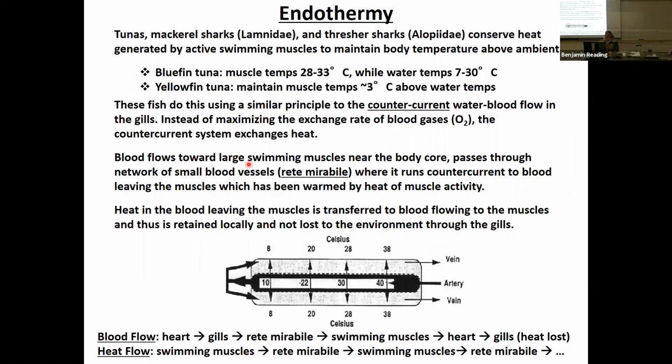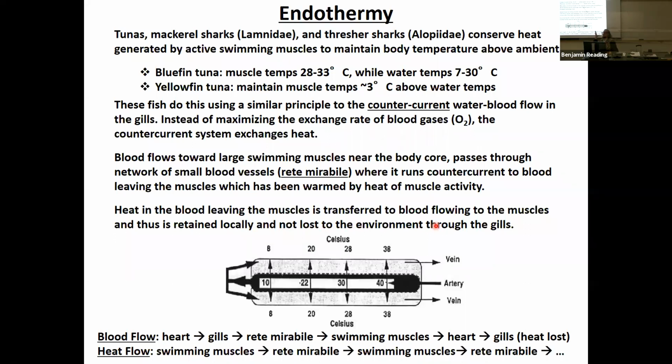So blood flows towards large swimming muscles near the body core and passes through a network of small blood vessels in a rete mirabile type structure. And this then runs countercurrent to blood leaving the muscles, which has been warmed by that muscular activity. And then heat in the blood leaving the muscle is transferred to the blood flowing into the muscles, and thus it is retained locally and not lost to the environment through the gills, for instance.